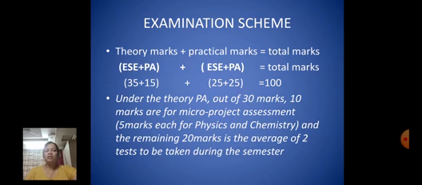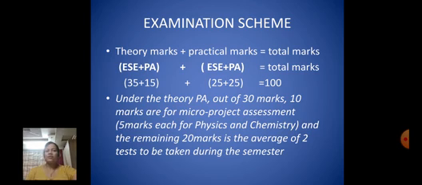One is theory marks and another is practical marks, and that total makes your 100 marks. Now these theory marks are again divided into end semester examination and progressive assessment. Again the practical marks are divided into end semester examination and practical assessment.